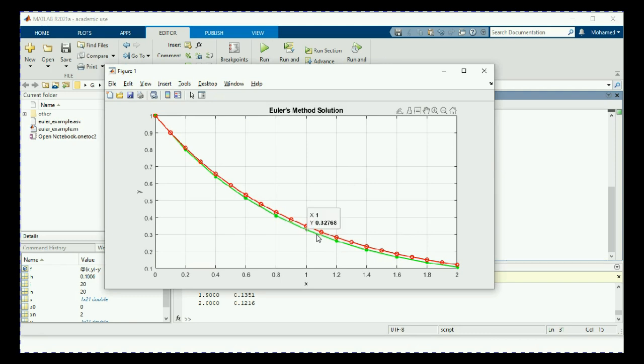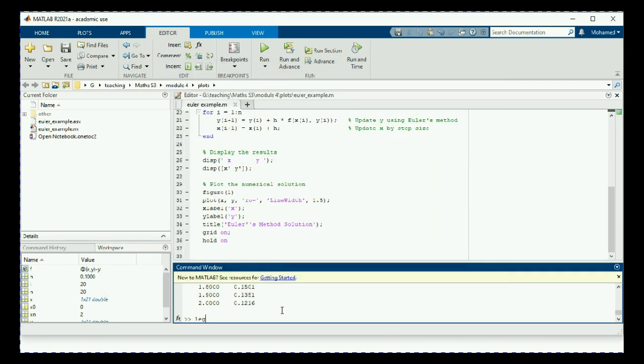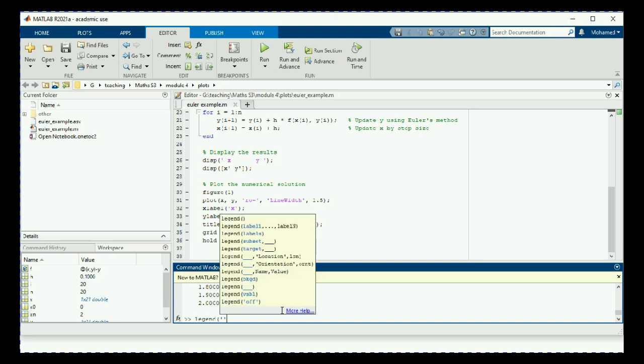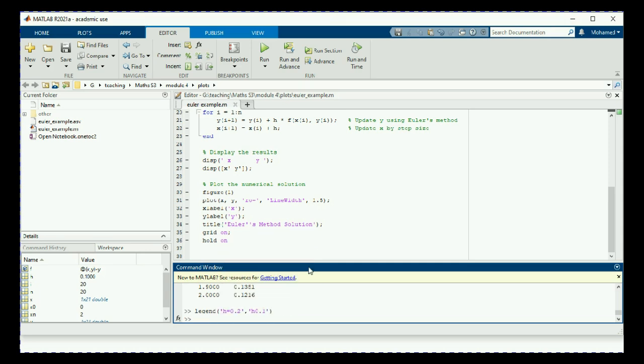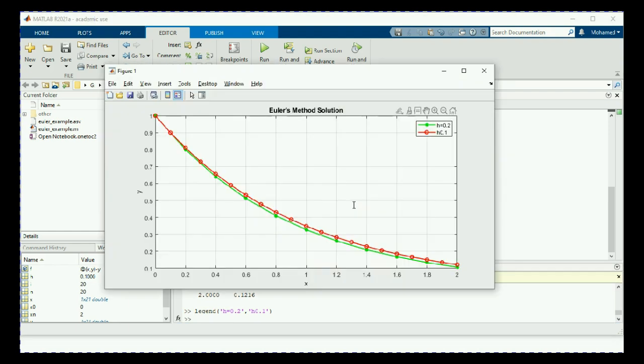The green one is with h equal to 0.2, so let's put a legend so that we can differentiate them: h equal to 0.2, and the new one is for h equal to 0.1. You see the legends are here and the curves are almost equal.